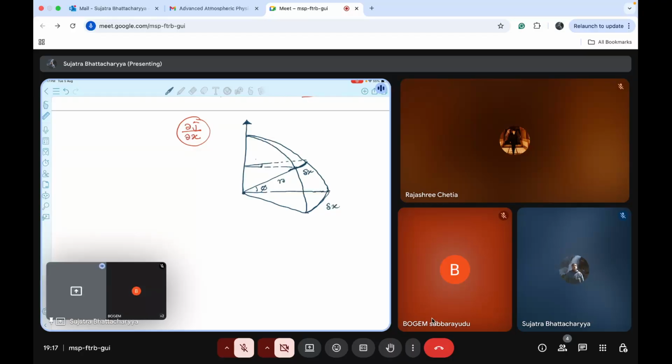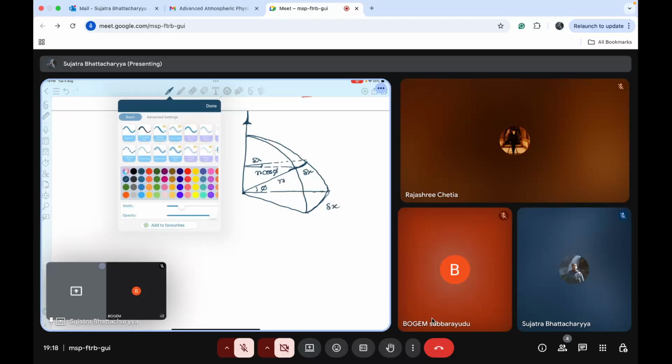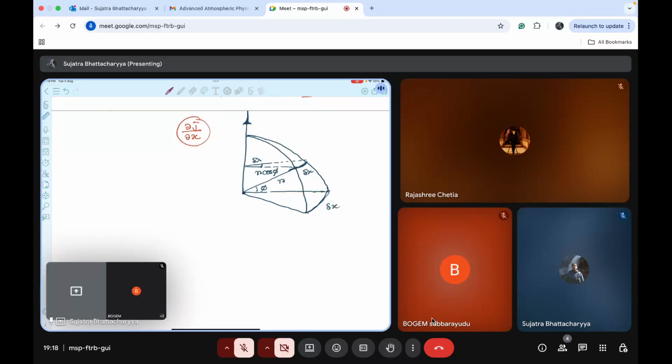This is some delta lambda maybe, and this is r cos phi. Whatever we can make, let us make it. Now I will extend this and try to put some lines so that we get a projection kind of thing.